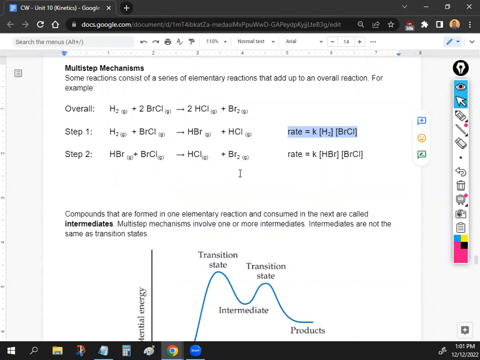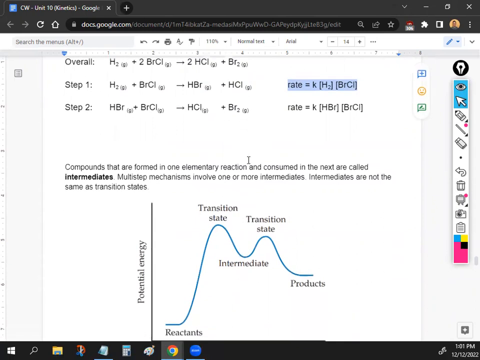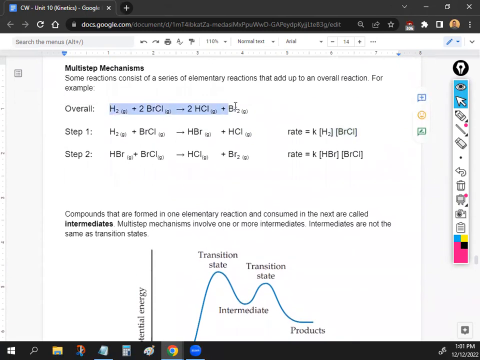Now, if you notice, in the overall reaction, which of the compounds that you see in the steps is absent from the overall reaction? Yeah, HBr. You see HBr in the steps, but it doesn't make it into the final equation, because it forms and then it reacts again and disappears.